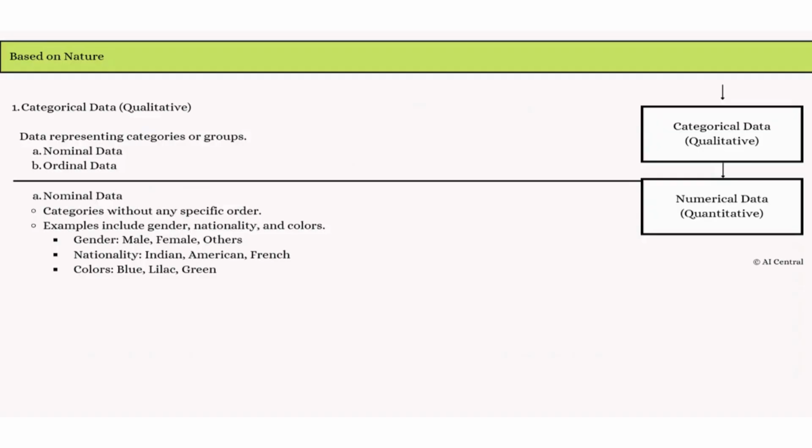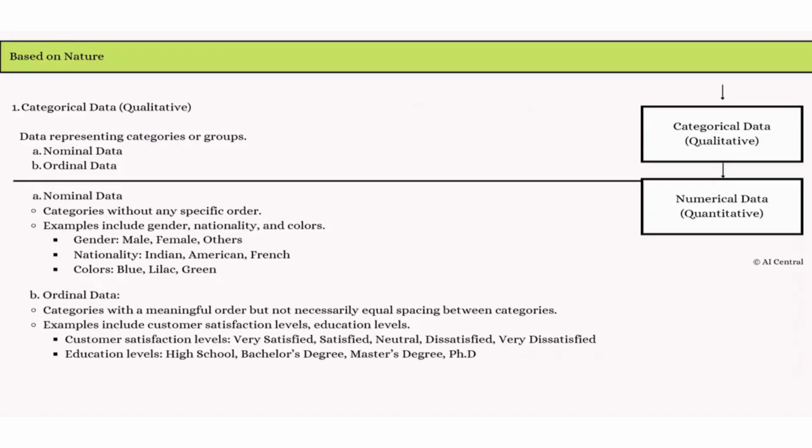Now nominal data does not have any specific order associated with it, and we can see from these examples of gender, nationality and colors that, if we consider gender, male, female or others, it does not have any ordering associated with it. But in contrast, in ordinal data there exists some meaningful order and there are levels which we need to consider while maintaining the order, right?